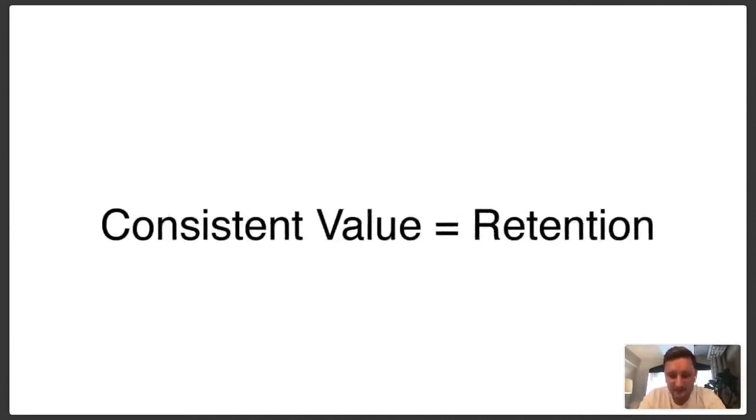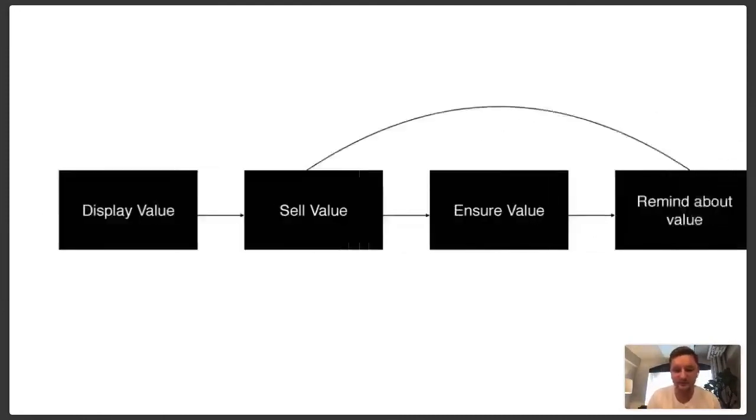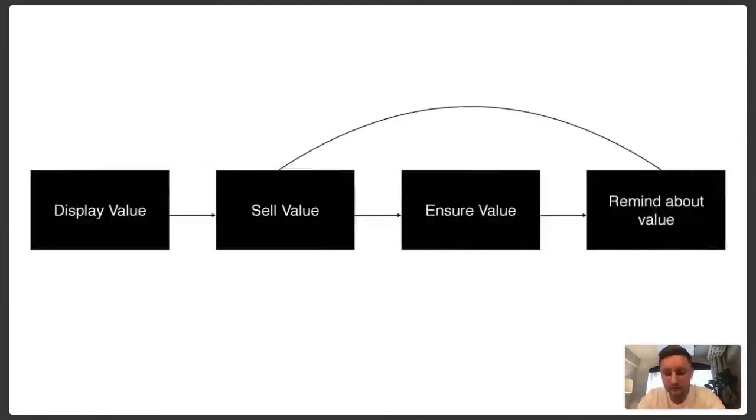Consistent value always means product retention. For me, UX value proposition consists of four steps. First is to display value. Second is to sell value. Third, ensure value. And fourth is to remind about value. Let's talk about it just a bit later.